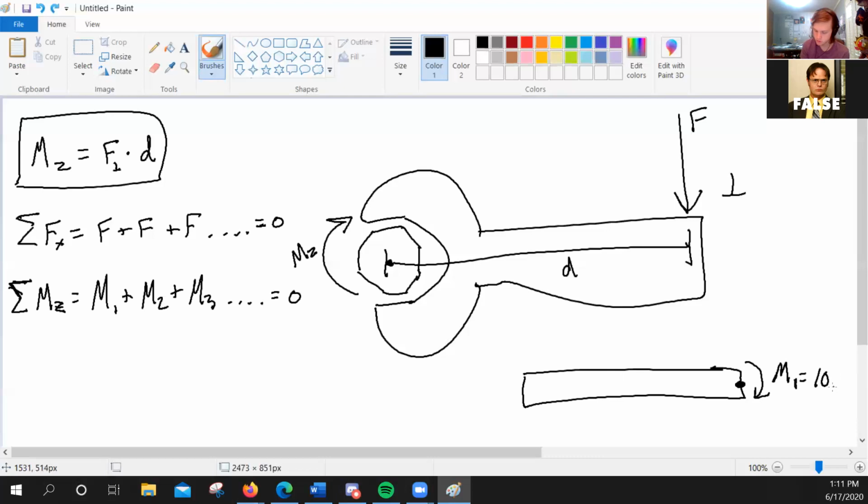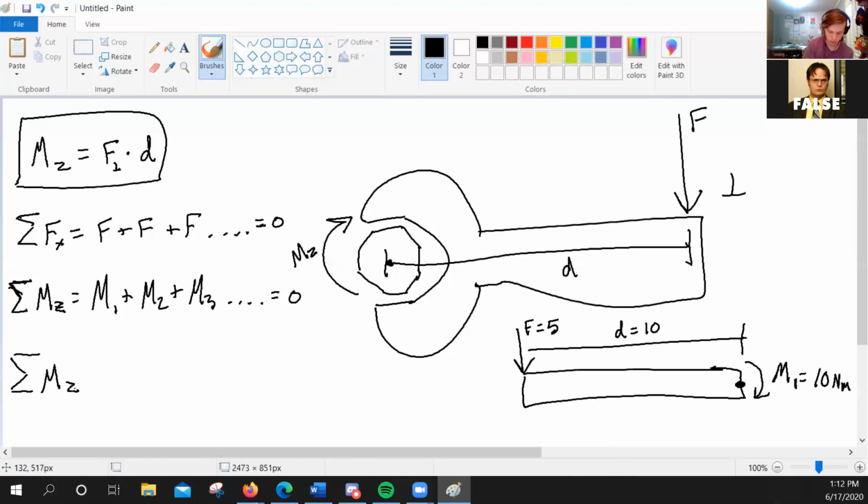But there's also a force being applied at the end of the bar. If this force is equal to, let's say, F equals 5, and we'll say that the distance of this bar is equal to 10.